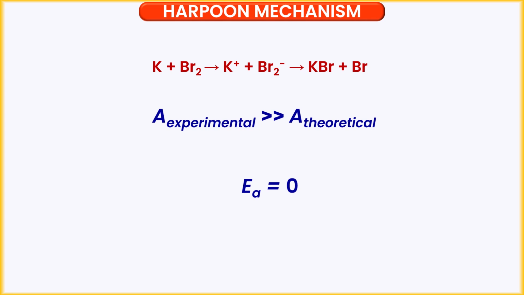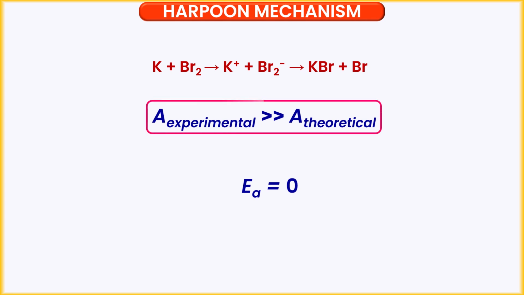We can now conclude that for this reaction, the experimental pre-exponential factor is extraordinarily large compared to the theoretical value predicted by ordinary collision theory. Furthermore, since the reaction can occur even before direct hard sphere collision takes place, the activation energy for the process becomes extremely small and can be approximately considered to be close to zero.